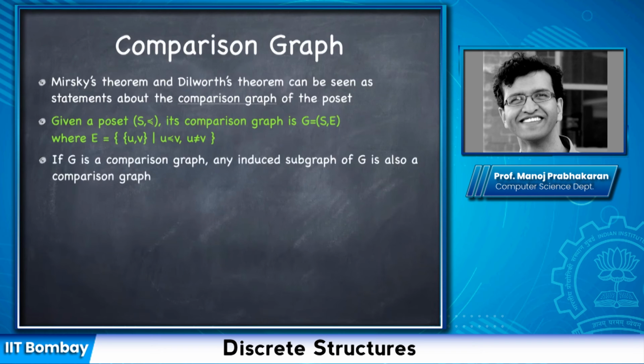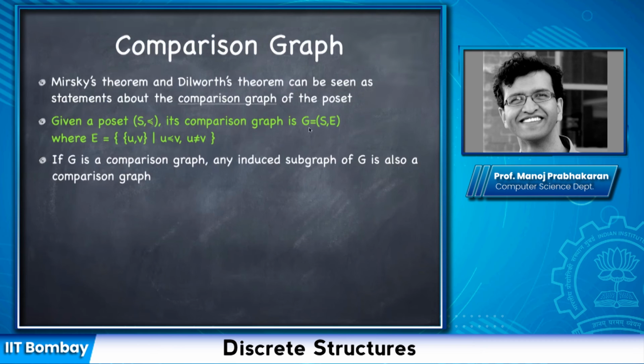One useful thing to remember about a comparison graph is this: if I took a poset and simply restricted it to a subset of the poset, I'll still get a poset. It will still be a transitive, antisymmetric, reflexive relation. And you can get the comparison graph for this smaller poset by simply restricting the original graph to a smaller set of vertices and retaining all the edges that remain within that set of vertices.